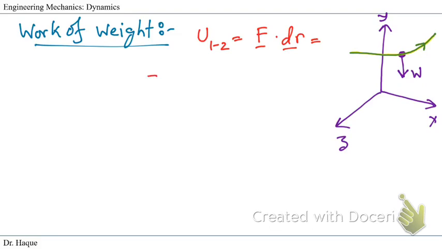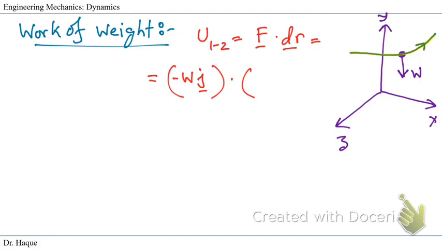The force only acting is downward, so what's the dot product? W negative, so downward in the j direction, is dot product with the displacement.